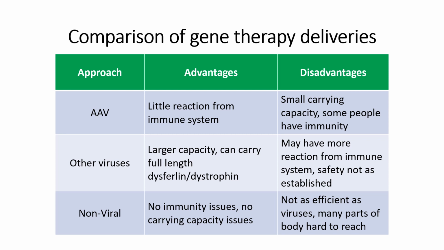Other viruses have a bigger carrying capacity, but they typically cause more of a reaction from a person's immune system. There's also ways that we can put in genes without using viruses, but because viruses are so good at putting DNA into a cell, we really can't do as good a job unless we use a virus.